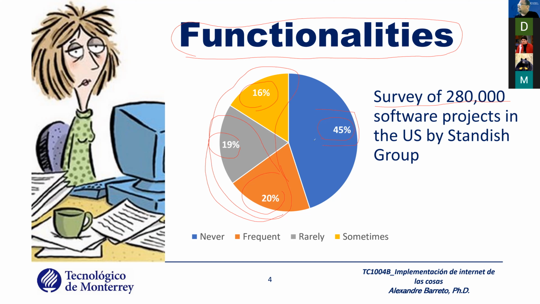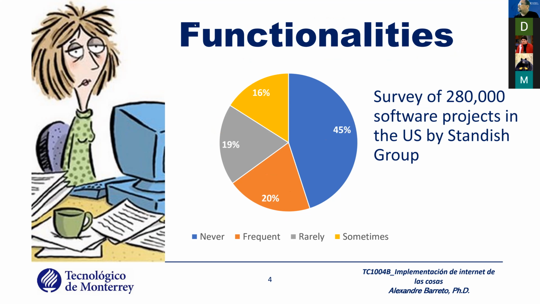However, 45%, around half of your effort is trash, okay? It's complete trash. It's a big problem because, for example, if you contract a company to develop a system for you, around 50% you pay for nothing.